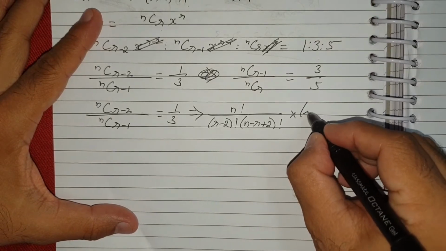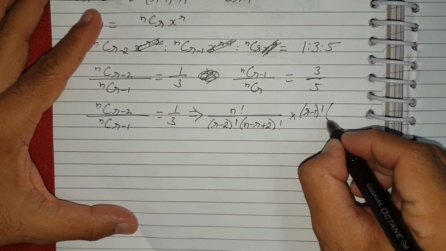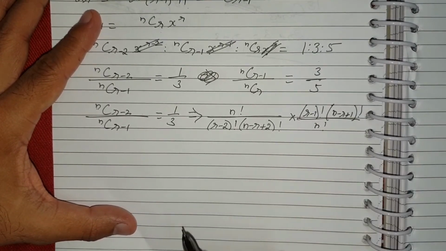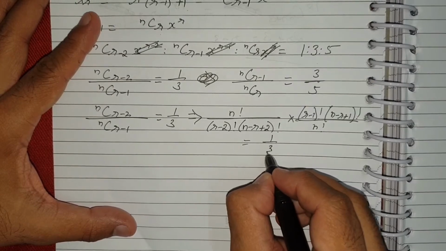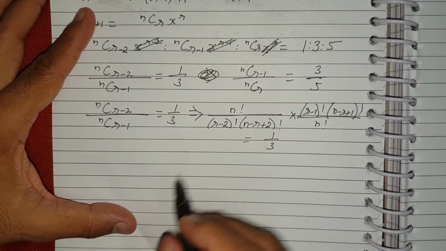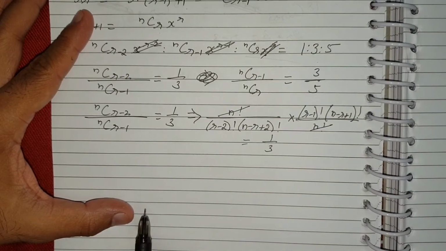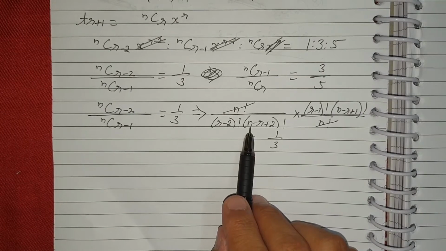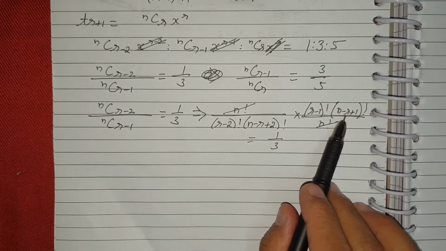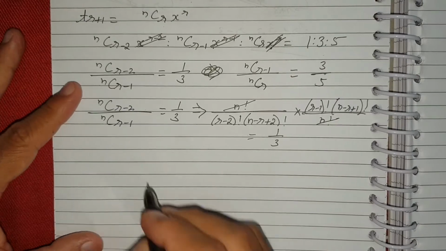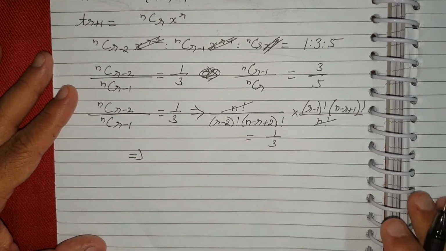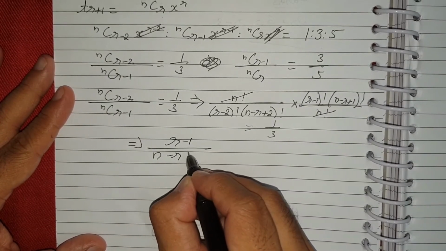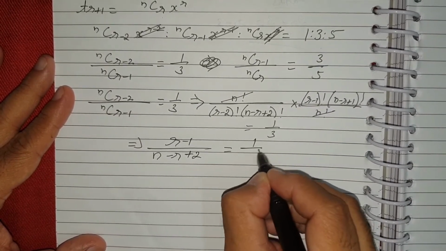So we write (r-1) factorial, (n-r+1) factorial upon n factorial, which equals 1/3. Now n factorial will get cancelled. Solving this, what you will get is (r-1) upon (n-r+2) equals 1 by 3.